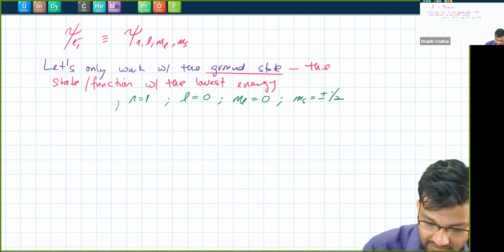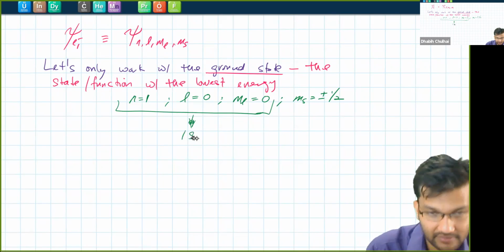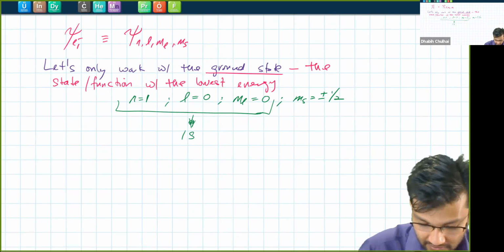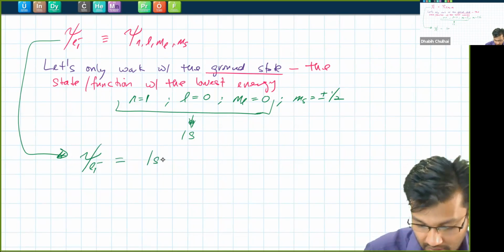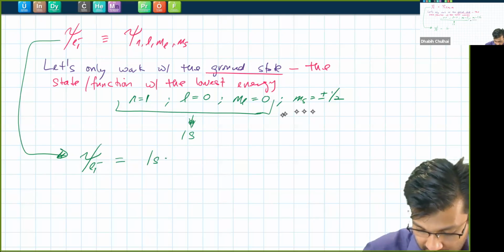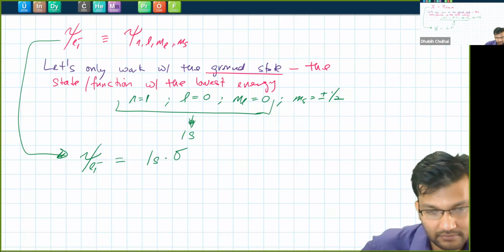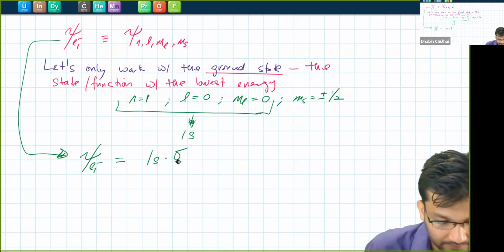All of this makes up the orbital, n equals 1, l equals 0, m_l equals 0, that's the 1s orbital. So I'm just going to use 1s to represent all of this. The wave function for electron 1 will basically be a 1s orbital multiplied by the spin part, and that spin part could be positive a half or negative a half. So I'm just using the general symbol sigma.